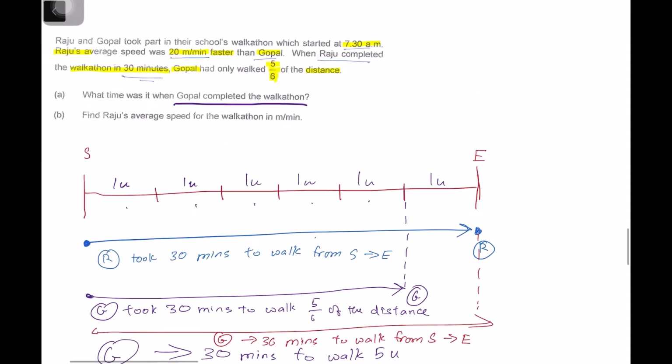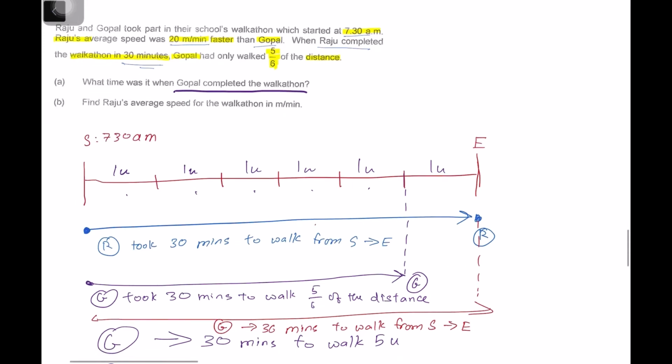Now they started at 7:30 a.m. So the start is 7:30 a.m. and if Gopal takes 36 minutes, I'll make it simpler with 30 minutes, and then we get 8 a.m. and then we add another 6 minutes to get 36 minutes over here, right?